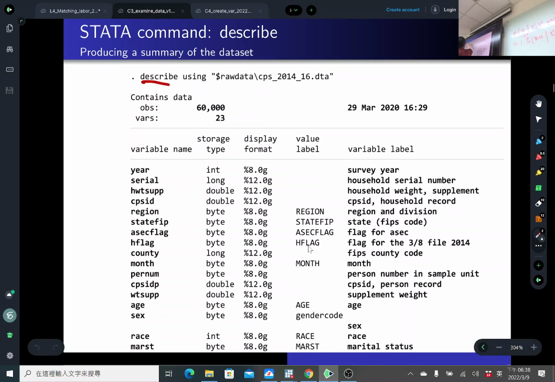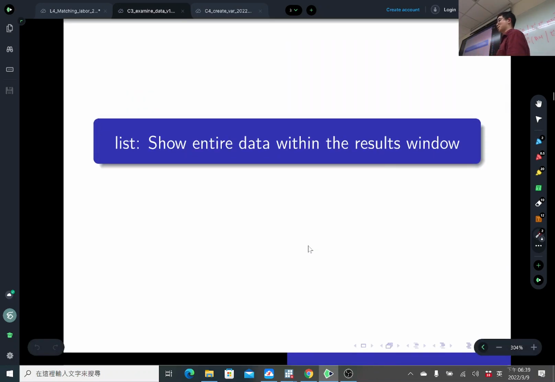If you type describe using the data you want, it will let you know the number of observations, the number of variables, the variable names, and the variable labels. What does this variable mean? So it gives you a rough idea about the data. Okay, so that's the describe command.